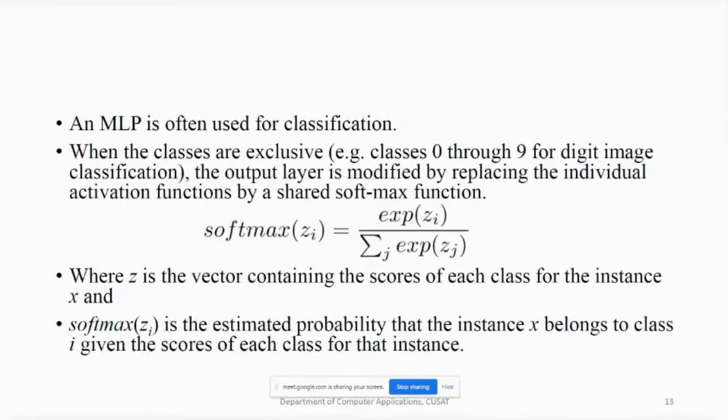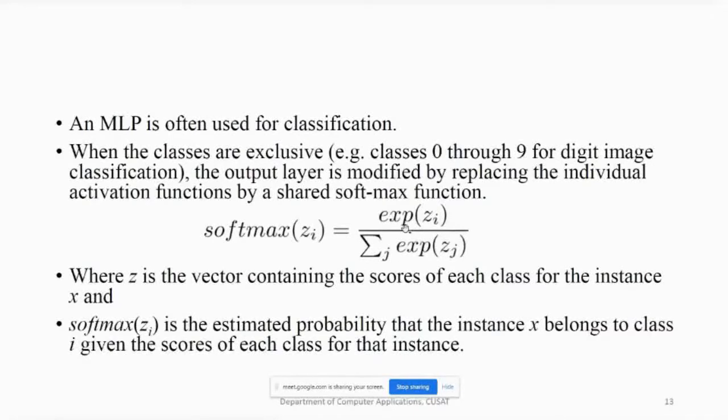And as you know, an MLP, or the deep neural network or the multi-layer perceptron, is often used for classification. And when the classes are exclusive, for example, classes 0 through 9 in the case of handwritten digit image classification, the output layer is modified by replacing the individual activation functions by a shared softmax function.